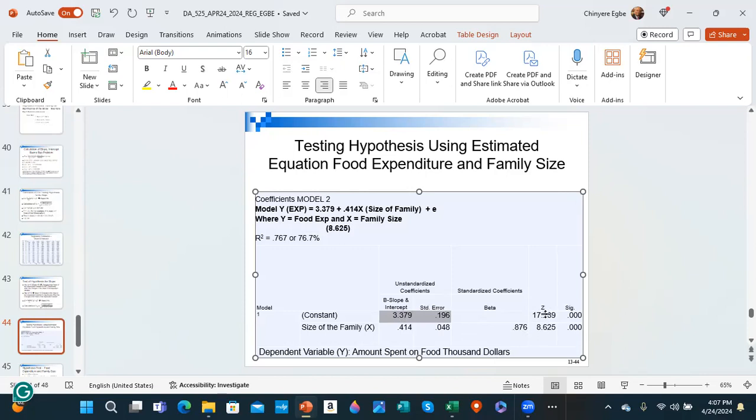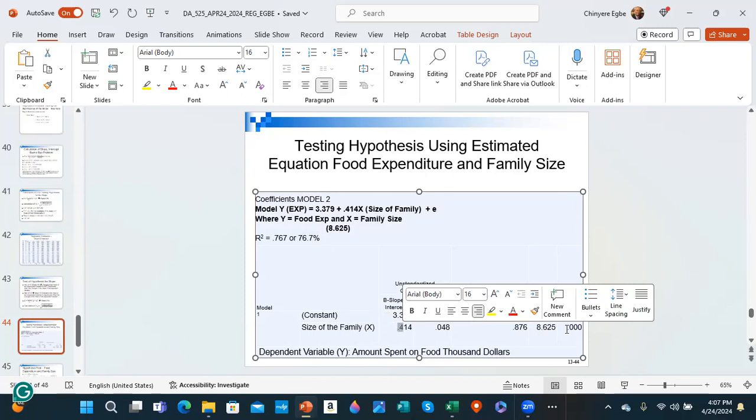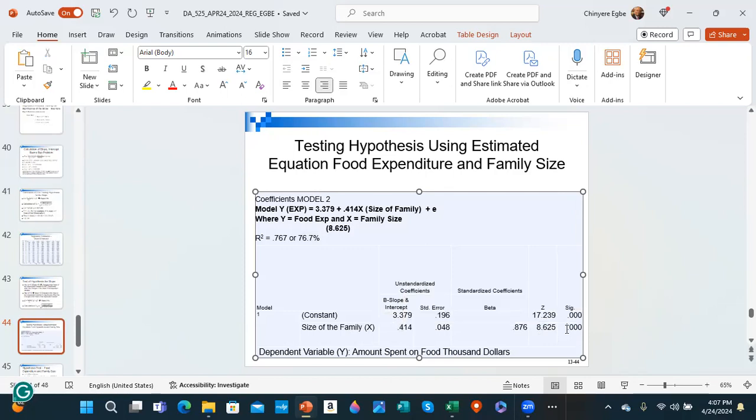So we do not reject the null hypothesis of a constant value for that expenditure, and here we also do not reject the null hypothesis. So family size significantly affects the amount of money that is spent on food.